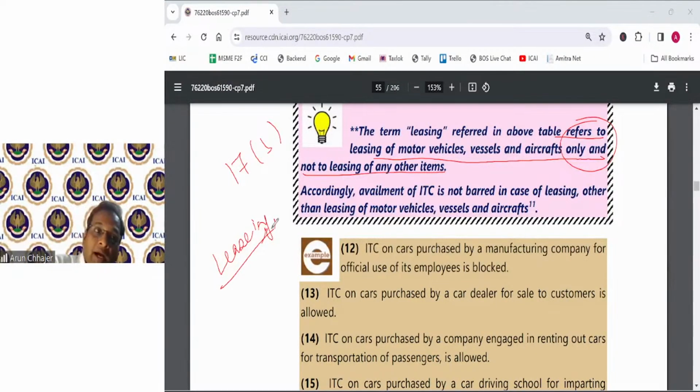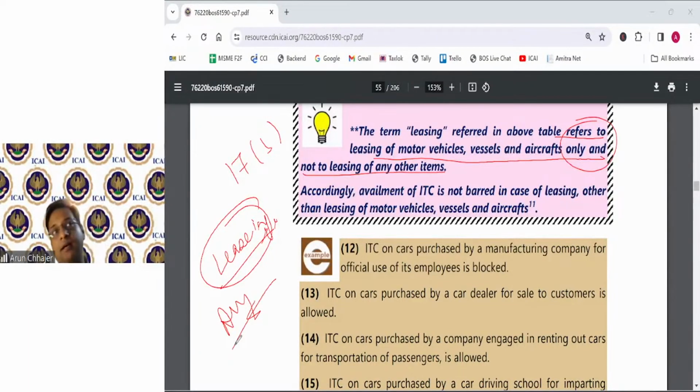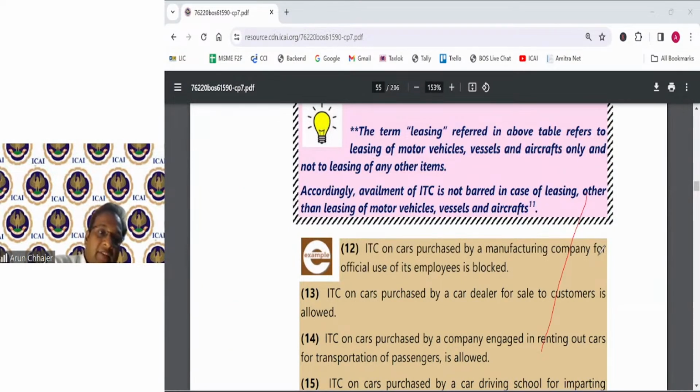The doubt was whether it covers leasing of motor vehicle or any lease. Say I have taken my office on lease, so can I take the ITC? That was a big doubt, which has been clarified by the circular.